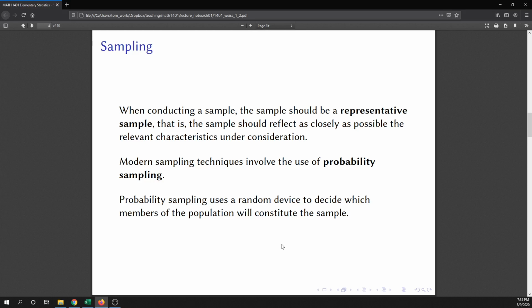Whenever you take a sample, the sample should be representative. It should reflect as closely as possible the relevant characteristics that you're considering. For instance, if you want to know the average height of American citizens these days, you could go out and take a sample. You go knock on doors and find people willing to give you their height, and then see what the average is.